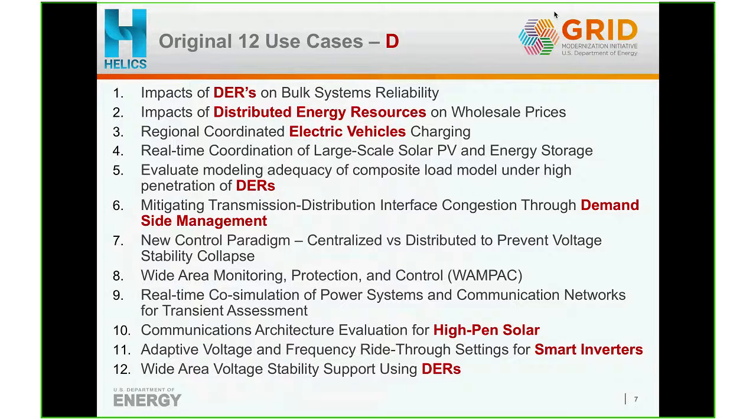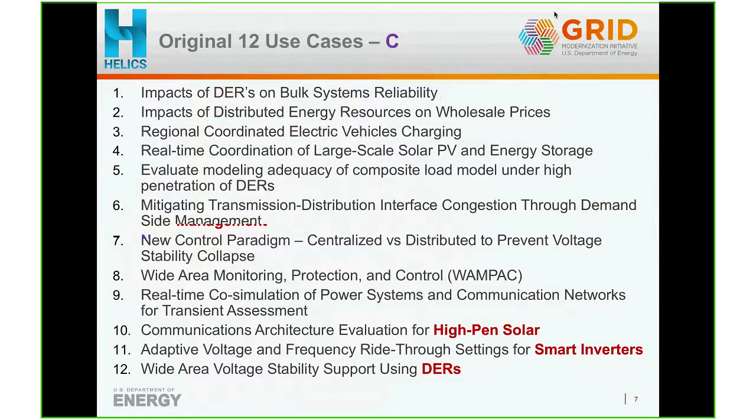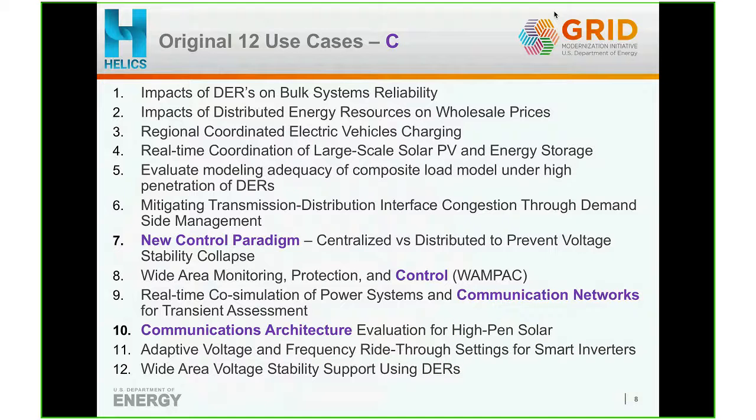On the distribution side, or distributed energy resources, you can see a lot of the different use cases needed those, but not all of them, which is also quite relevant to consider. We don't necessarily want to fix ourselves to an architecture that forces those. On the communication side, there were fewer in the original, although if you think about it, many of these use cases do have the optionality around communications, similar to what was just described by Phil in terms of filters.